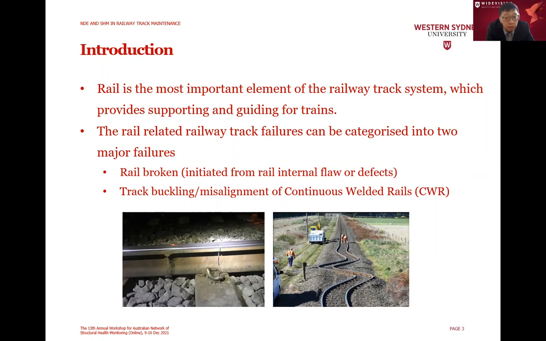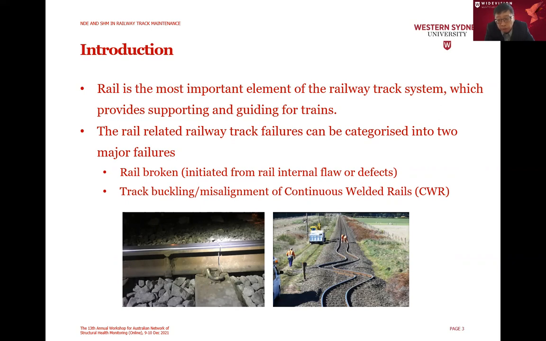On the left-hand side is linked to the rail broken mode, initiated from rail internal flaws or defects. You can clearly see the cracks there. On the right-hand side is track buckling, the misalignment of the continuous welded rails, CWR.